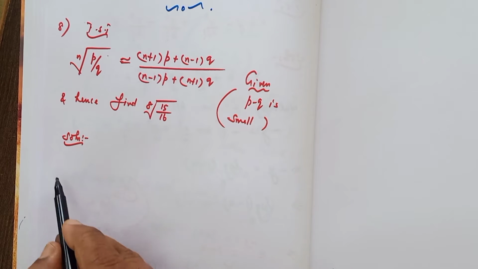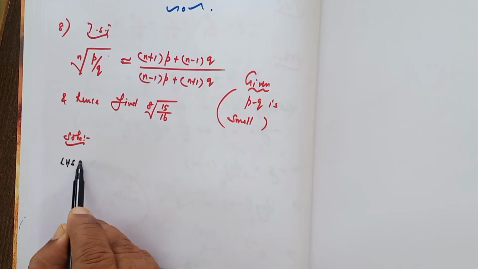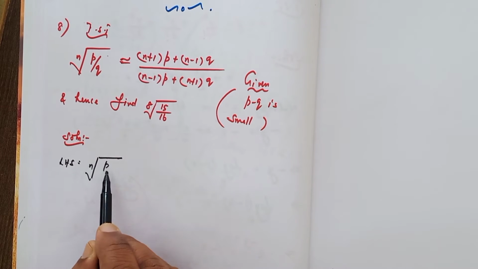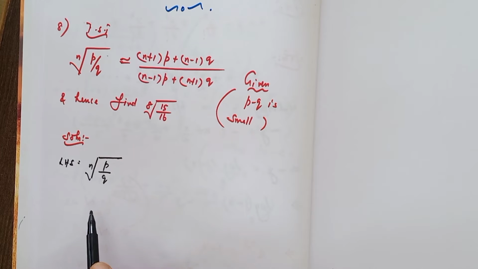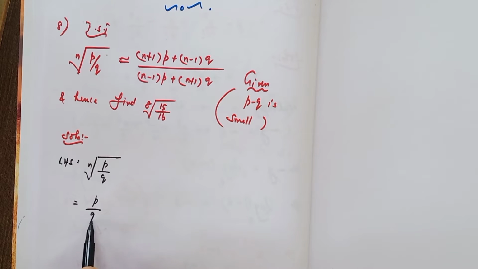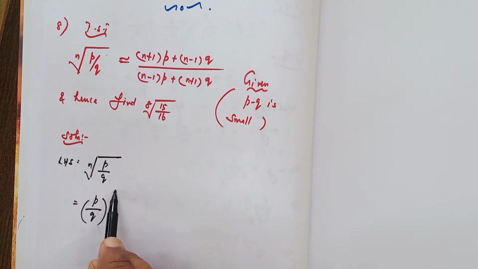I consider LHS, that is nth root of p divided by q, that is equal to p divided by q. Nth root means 1 by n in the power.